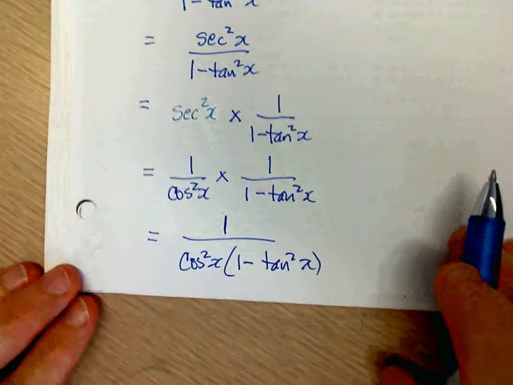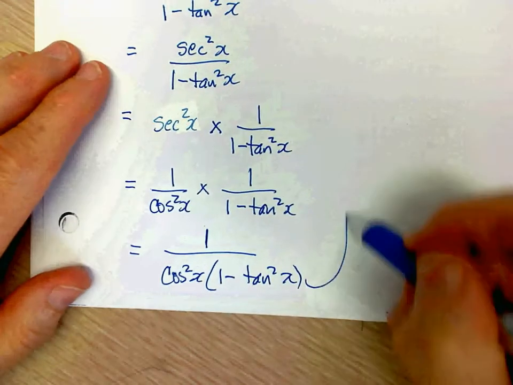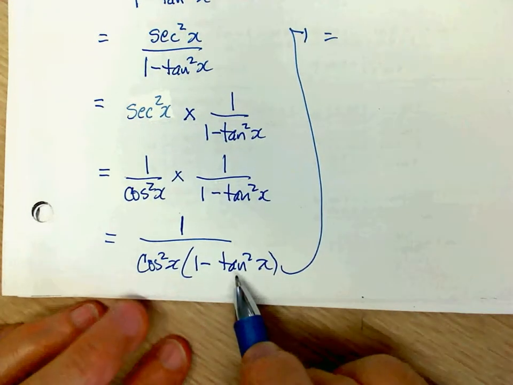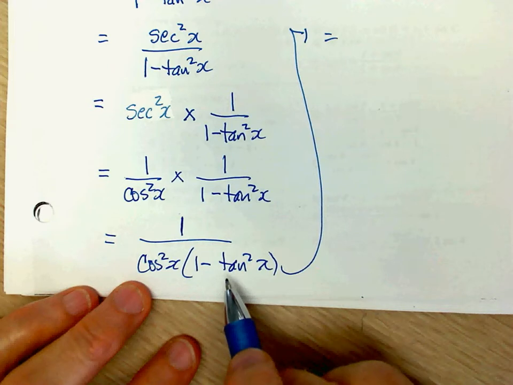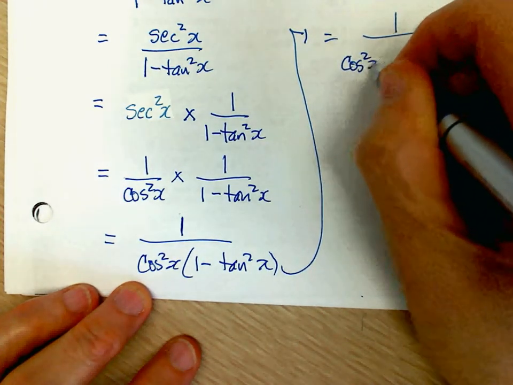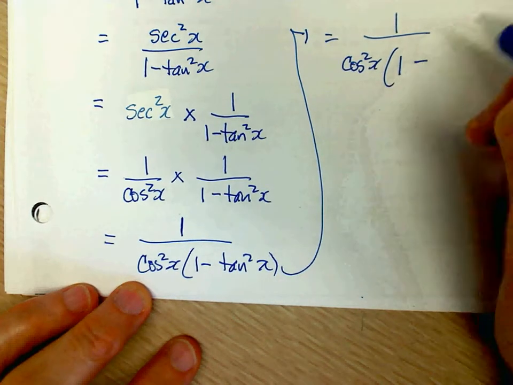All right, so I'm going to convert this to sine squared x over cos squared x: 1 over cos squared x times 1 minus sine squared x over cos squared x.